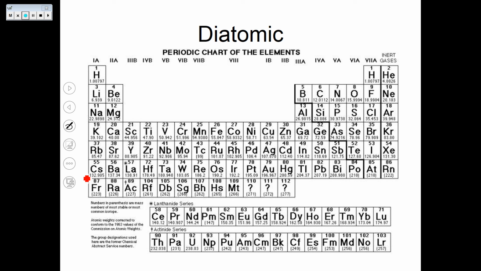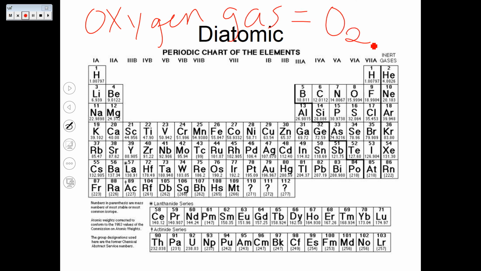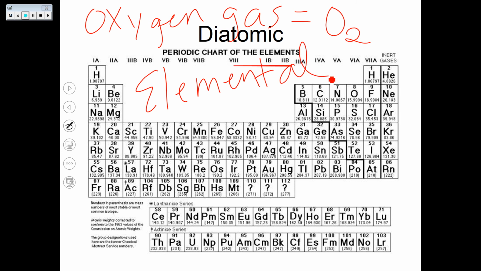So for example, if you have oxygen gas, you aren't going to write it as O. You're going to write it as O2 because it's one of the diatomic gases. Now, when oxygen is bonded with something, it drops and swaps its oxidation number like normal. This is only if it is elemental. It is all by itself.